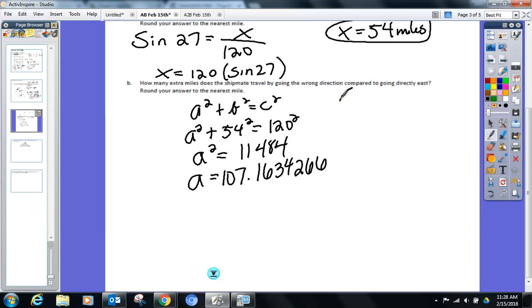So now I need someone to explain to me, how do I find those extra miles? We know that side is 107.1 or whatever you have by doing cosine or tangent. How do I find the extra miles then? Evan, go ahead.